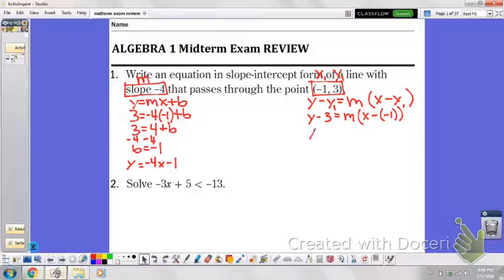So that gives us y minus 3 is equal to m times x minus negative 1, so x plus 1, and I forgot, we know what m is. m is -4. So I just need to distribute that -4. So I have y minus 3 is equal to -4x minus 4. And then add 3 to both sides, so I have y is equal to -4x minus 1.